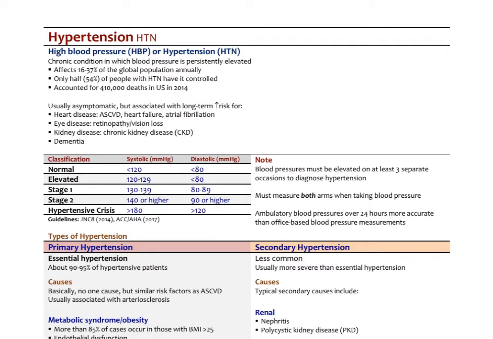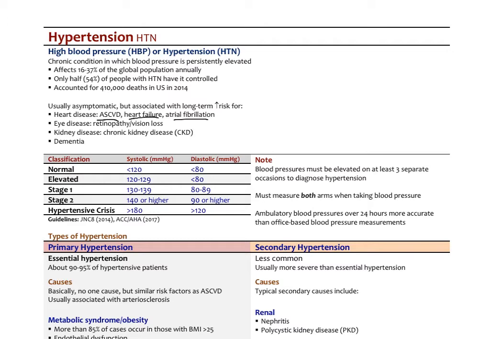The thing about hypertension is that it typically is asymptomatic, especially in the early stages. But we have increased long-term risk from hypertension for heart disease. Specifically, it increases the risk of atherosclerotic cardiovascular disease, heart failure, as well as different heart arrhythmias like atrial fibrillation. There's an increased risk of eye disease.